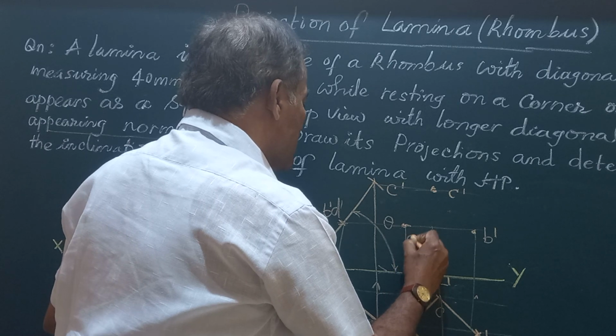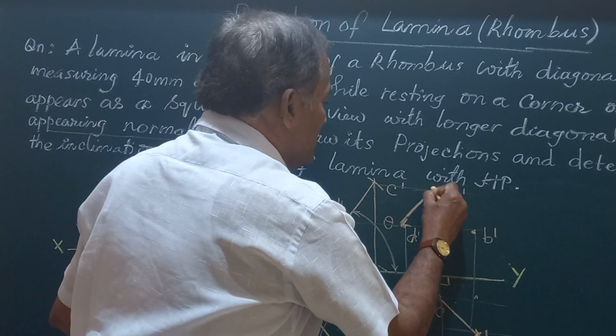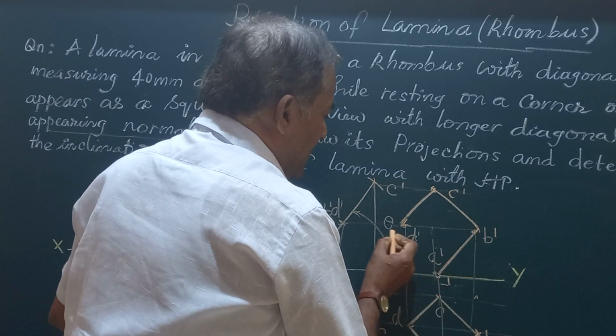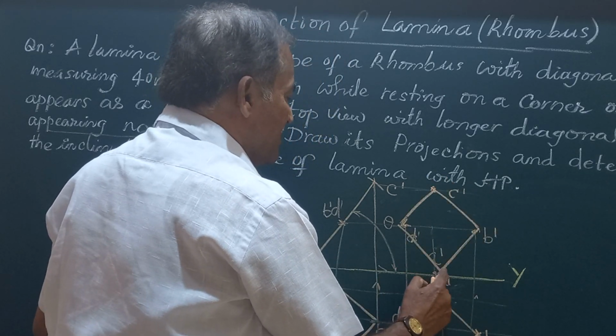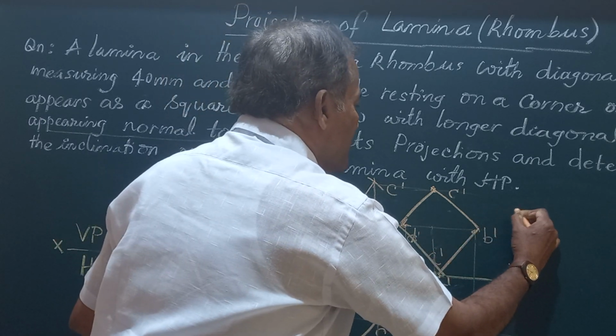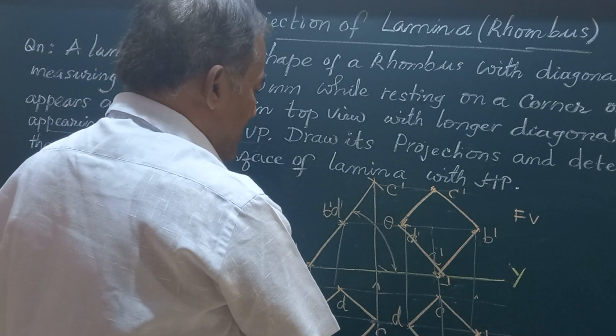Join all these by straight lines. So I am going to join C to D, C to B, C to A and D to A. Friends, this figure A dash, B dash, C dash, D dash will represent the final front view of the lamina, and this will give you the final top view.